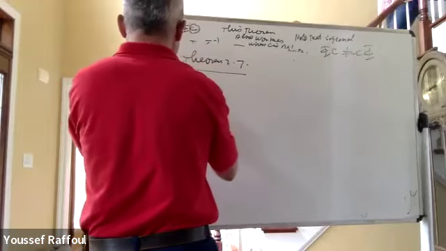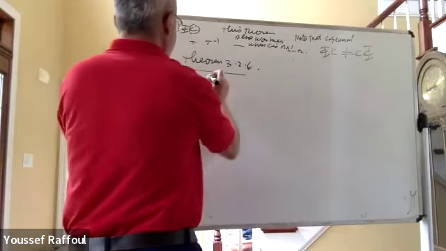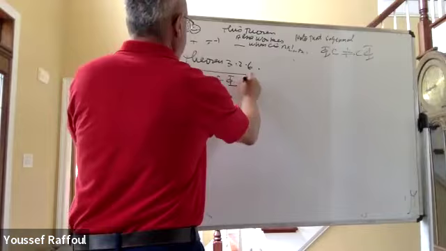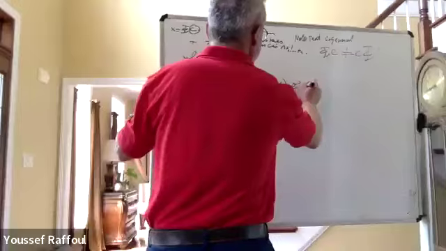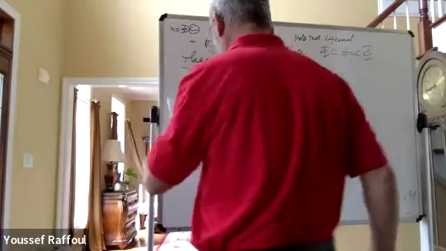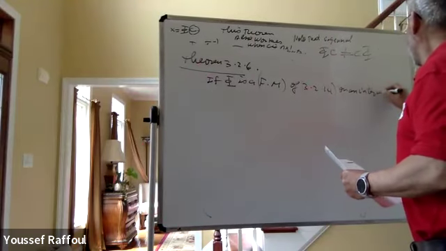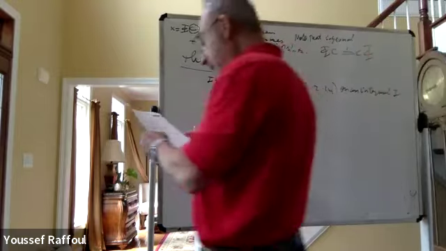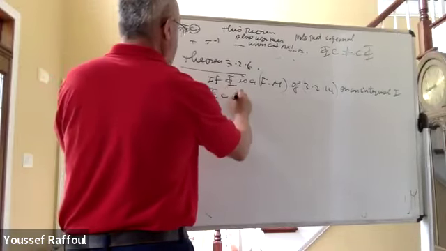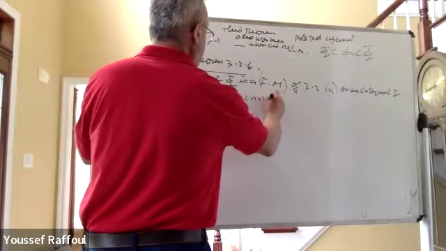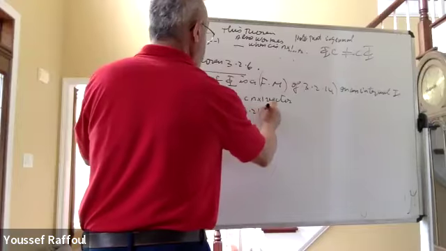Theorem 3.26: if phi is a fundamental matrix of 3.214 on an interval I, then phi c, where c is an n by 1 vector, solves 3.214.